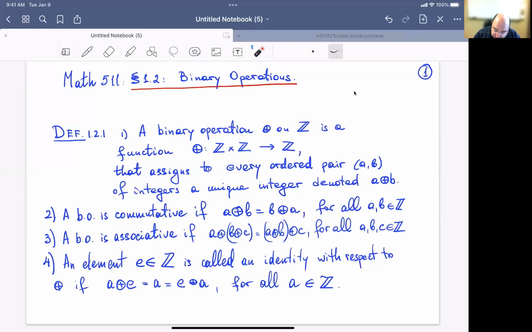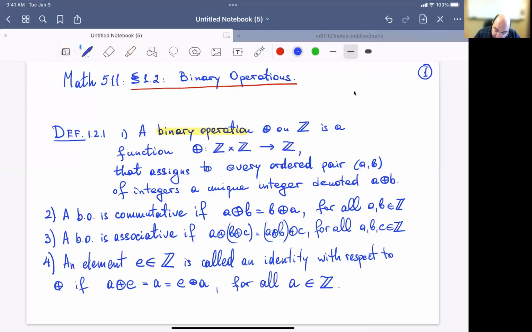What that means is that it assigns to every ordered pair (a, b) of integers a unique integer which will be denoted by a ⊕ b. So that's the definition of a binary operation.